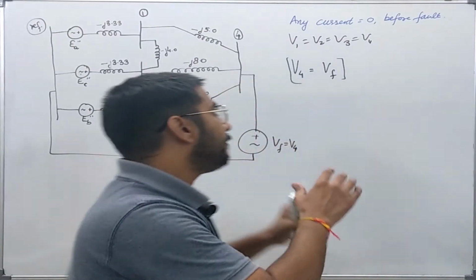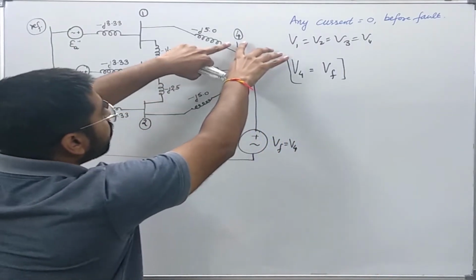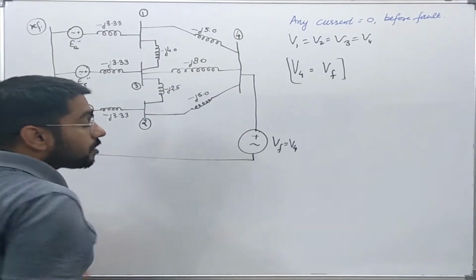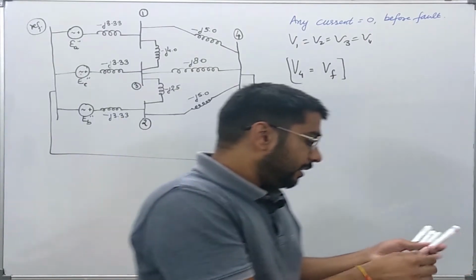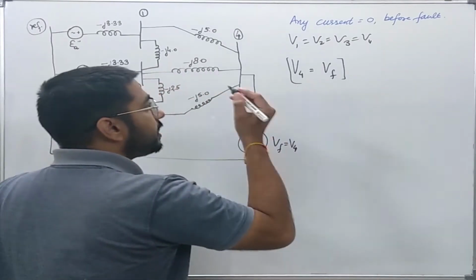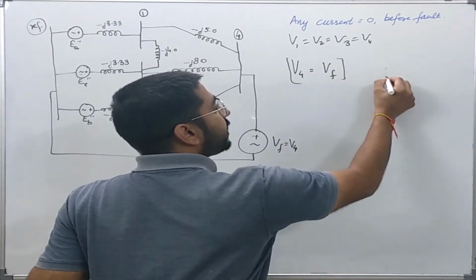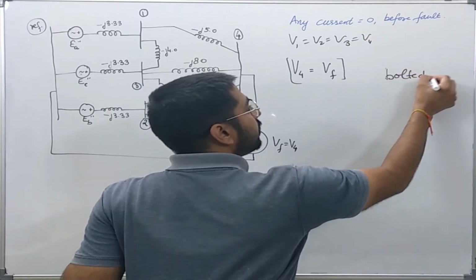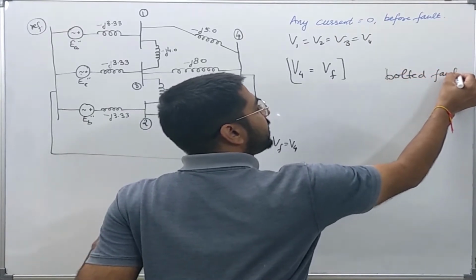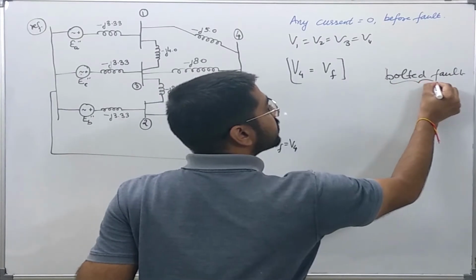Now I will try to simulate a fault on bus 4. Let us say that there is a bolted symmetrical 3-phase fault. Bolted fault means that there is no fault impedance.